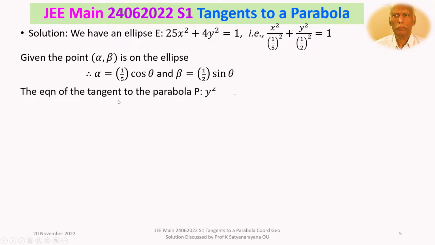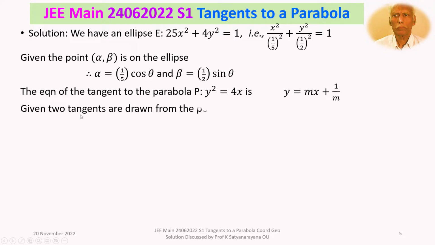The equation of the tangent to the parabola y square is equal to 4x is given by y is equal to mx plus a by m. y square is equal to 4ax is the standard form, and a is 1 here. So y is equal to mx plus 1 by m.